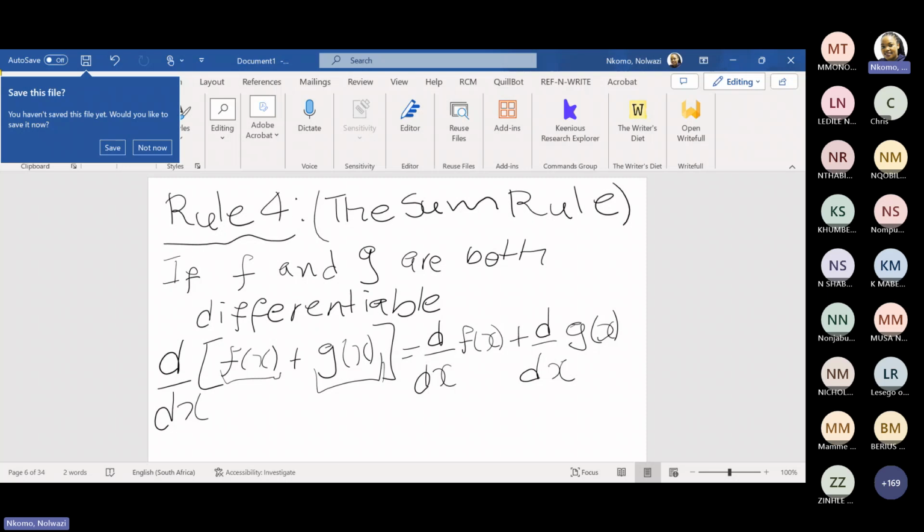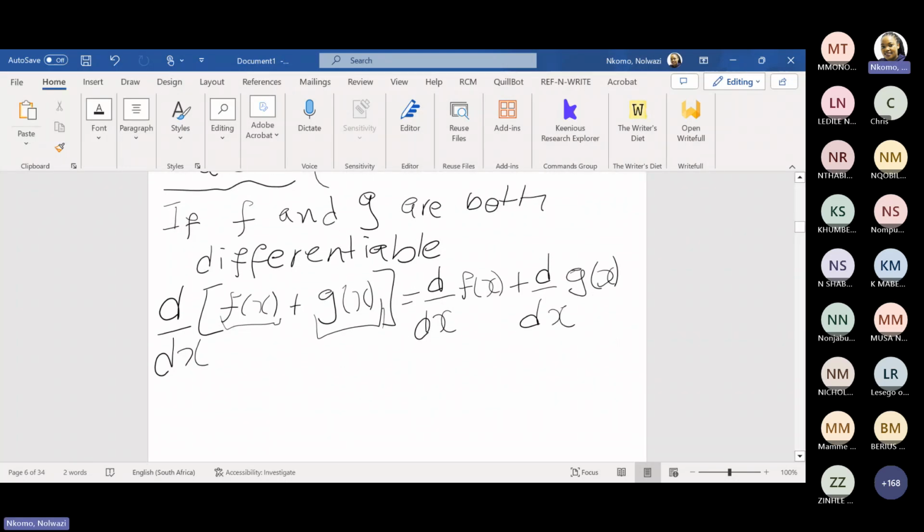You can separate them. That is the sum rule.